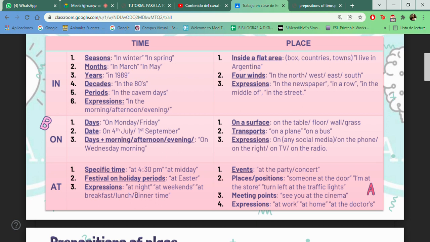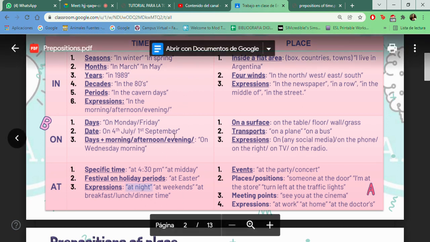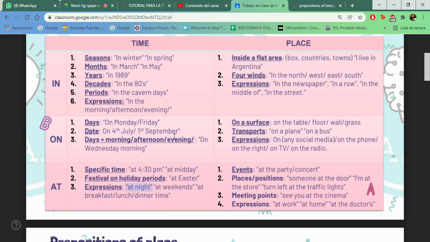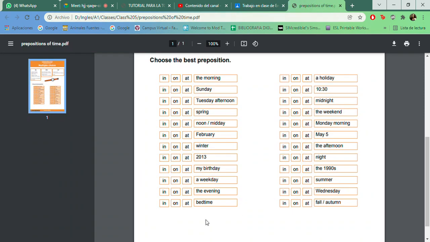But we have the expression at night, okay? I go to sleep very late in the evening, or I go to sleep very late at night. In the evening, at night.